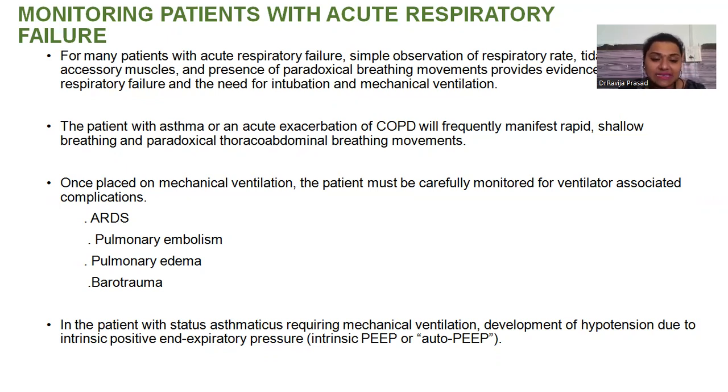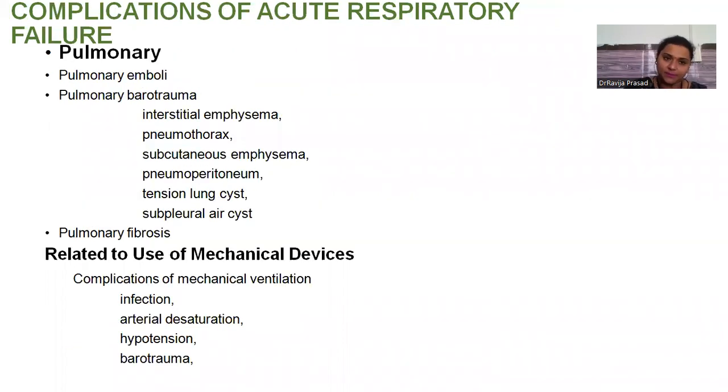In the patient with status asthmaticus requiring mechanical ventilation, development of hypotension due to intrinsic positive end-expiratory pressure, intrinsic PEEP and auto PEEP. Now, what are the complications of acute respiratory failure?